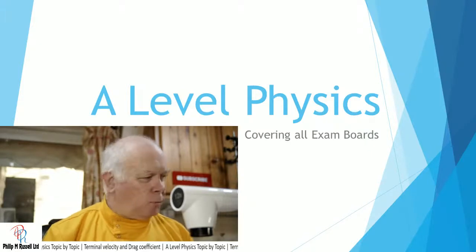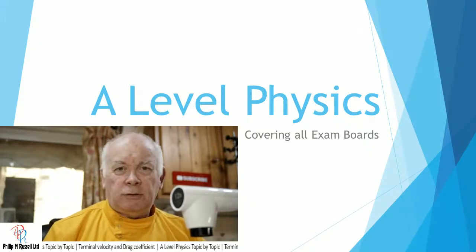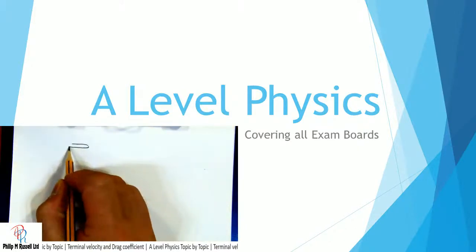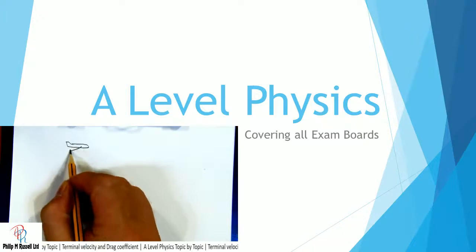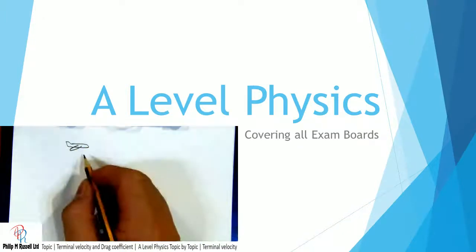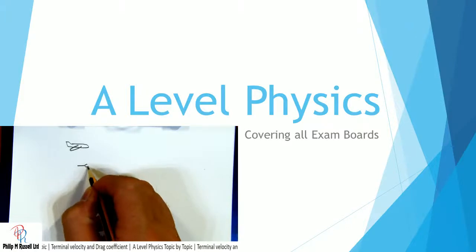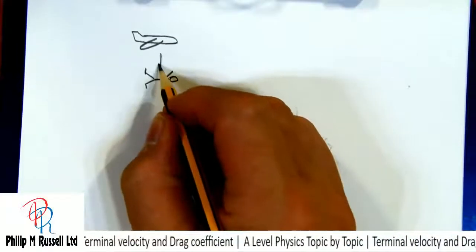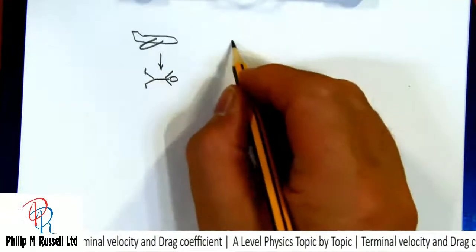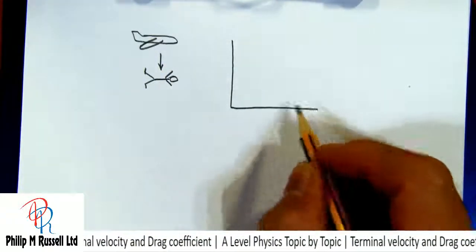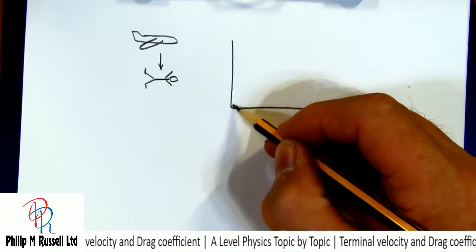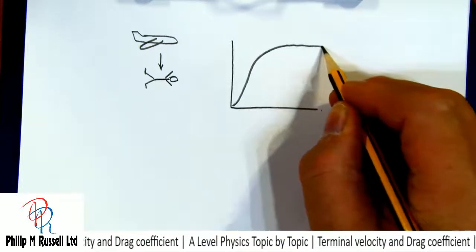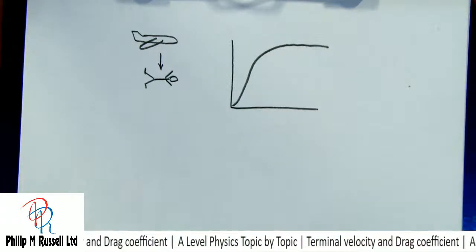Well, the way it's talked about at GCSE is that we have an aeroplane, and apologies here to all plane manufacturers, and we throw somebody out and they start to fall. And if we have a look at the graph of their system, it goes up and then gradually reaches what we call terminal velocity.